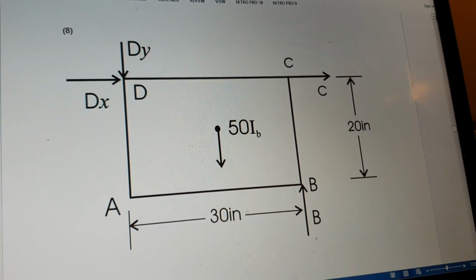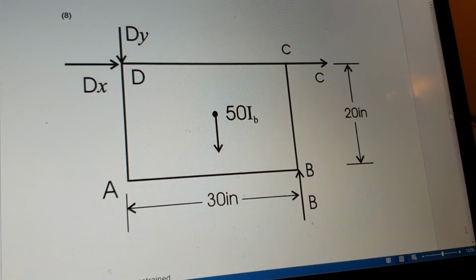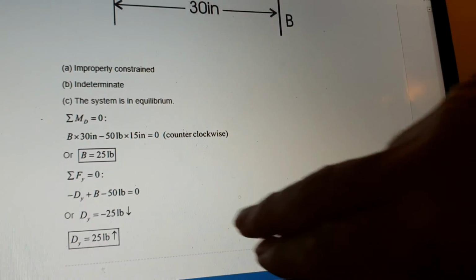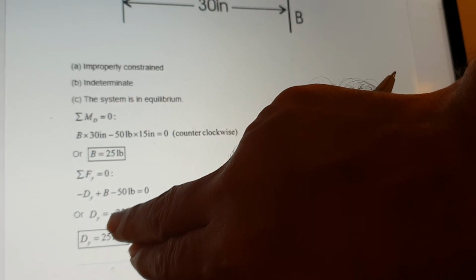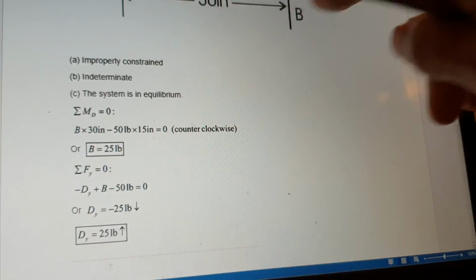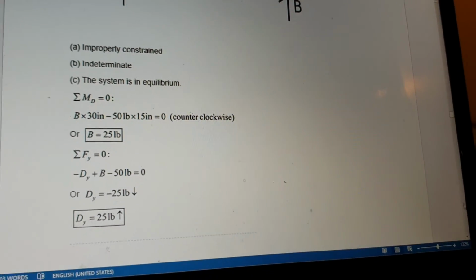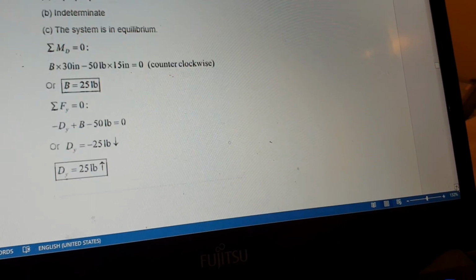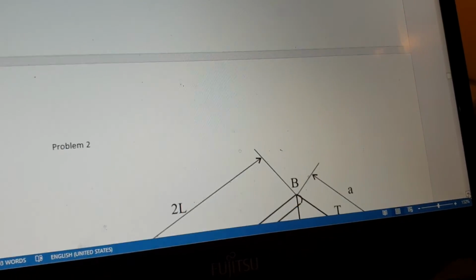So Dy is 25 and up. This is correct. Now look at this: 25 pounds down and 25 up. For the other one, summation of forces at the x, you cannot find any answer for that. And this is going to be the end of question number 1.